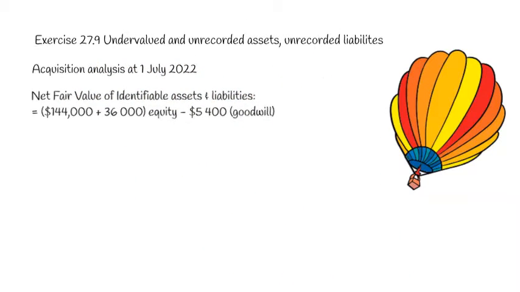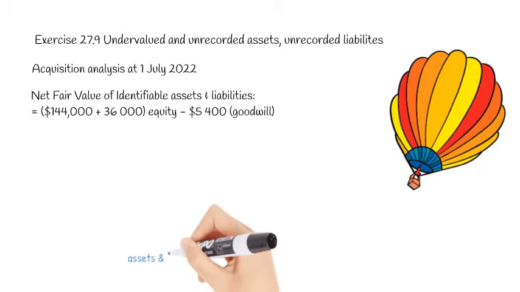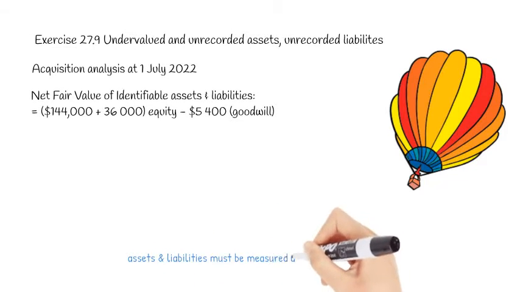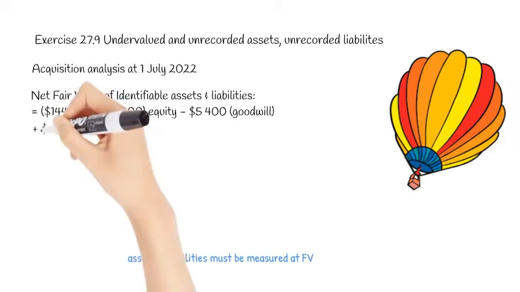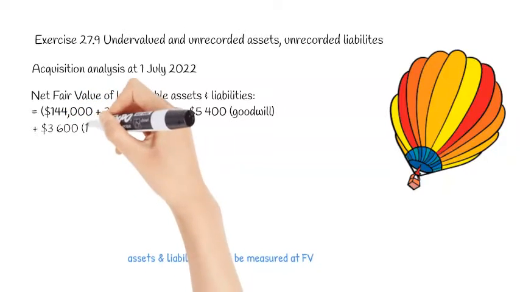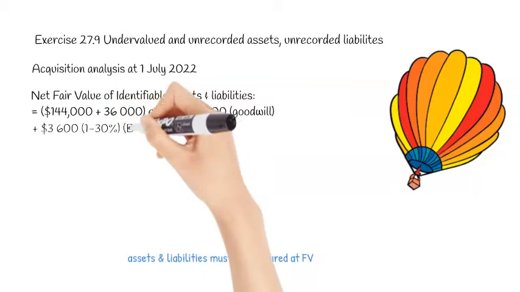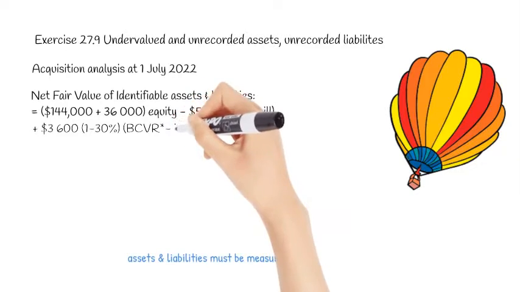Remember the requirement that assets and liabilities are measured at fair value. So that means that we need to compare the carrying amount of our asset to the fair value given in the question. In this case, our inventory needs to be revalued up to the fair value.